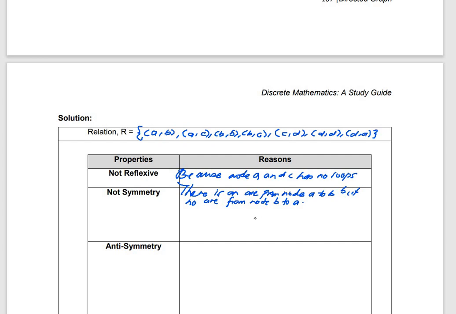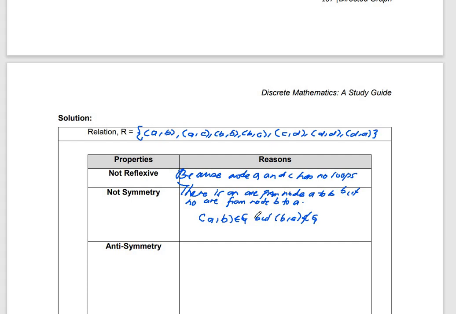Okay. So then, contoh kita tulis dalam ayat notation A, B in G, but B, A not in G.